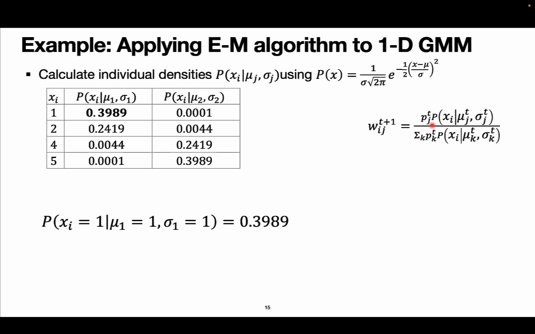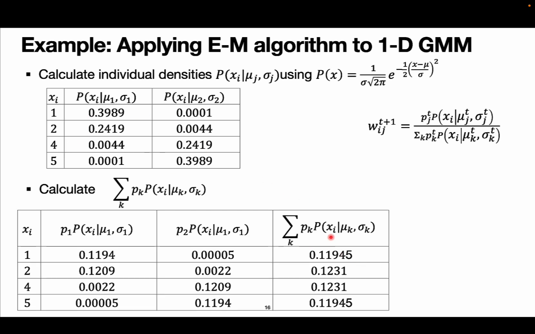To compute the likelihood, we are going to use a Gaussian probability density function. To obtain the probability for x_i equals 1, mu equals 1, and sigma equals 1, plug the values into the formula and get 0.3989, and do the same for the remaining values.